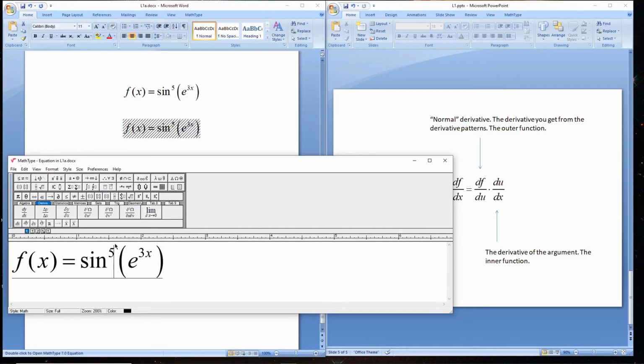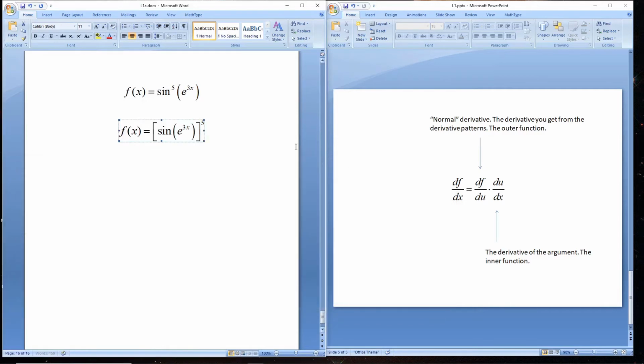This is very common to do, but you have to remember that this 5 technically means everything is to the 5th power. And so I ask you again, what is the outer function?